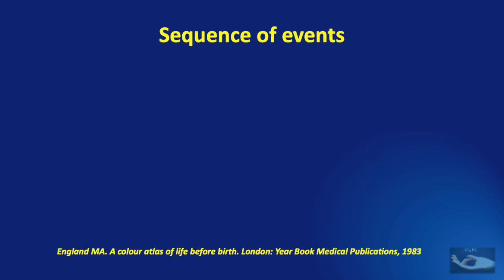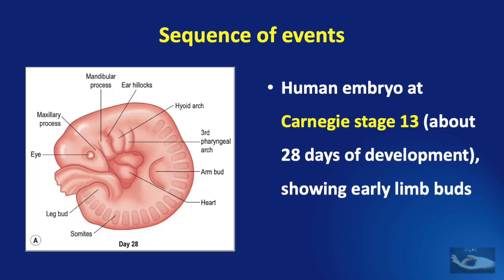We have seen quite a lot of information about how the sequence of events of development of the upper limb in the embryo occur. Let us see a summary of the actual events that occur. In Carnegie stage 13, about 28 days of development of the embryo, the early limb buds appear and start developing.